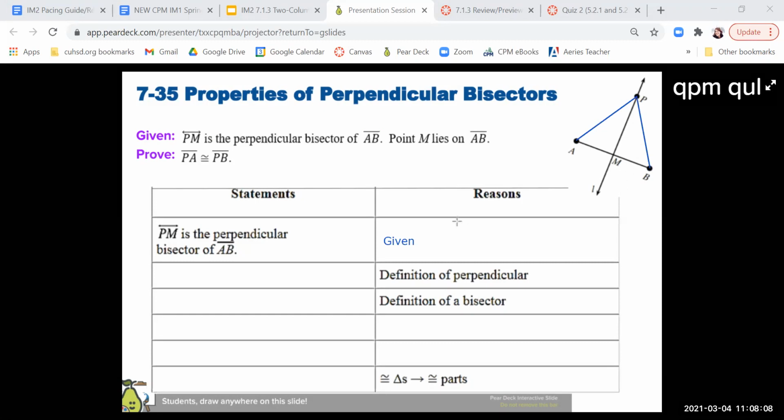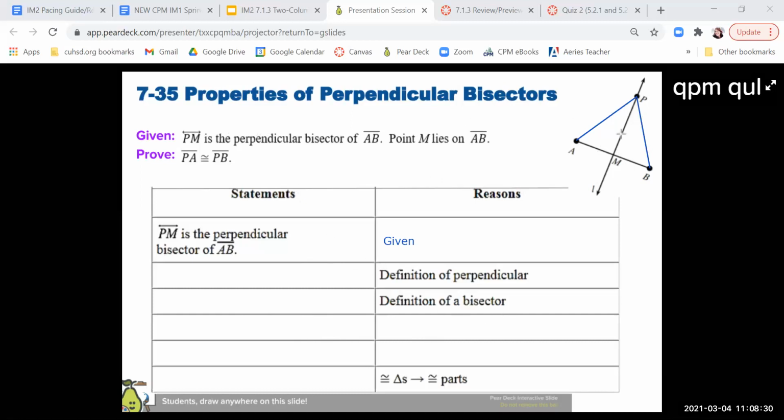It's what we want to prove. But what's helpful about drawing those in is that that gives us a path forward for how to prove that, because once we draw in those auxiliary lines, those extra lines to the diagram, you can see that we formed 2 triangles.